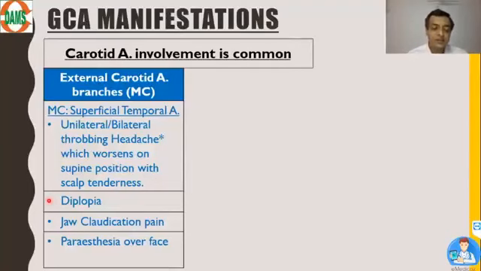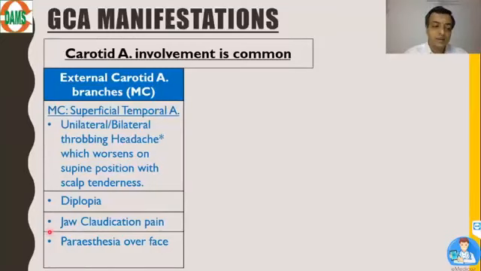There can be jaw claudication pain. That means when you use the muscles of the jaw, in mastication, the blood supply becomes inadequate and the patient complains of pain. When the patient is chewing for long, they can experience pain because there is deficiency in the blood supply.